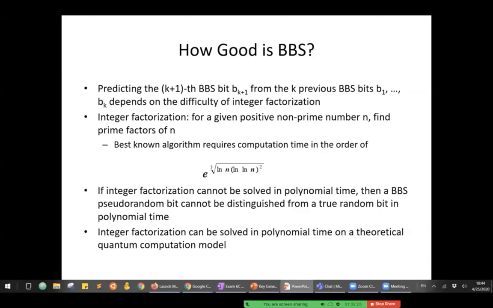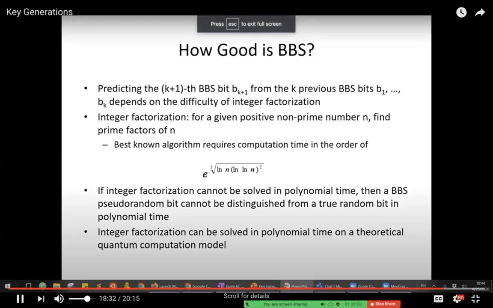If you want to generate a secret key of, let's say, 128 bits long, you can use this ANSI X9.17 standard twice. So we use R sub i and R sub i plus 1, concatenate them together, and then you get a 128-bit long key. Or you can concatenate another one and another one, so then you get a longer key. So this is one way to generate a random key.